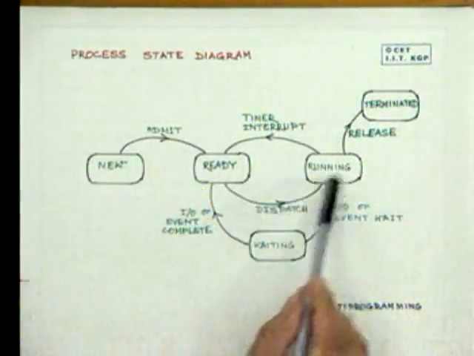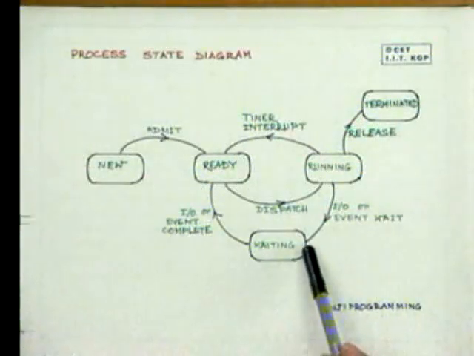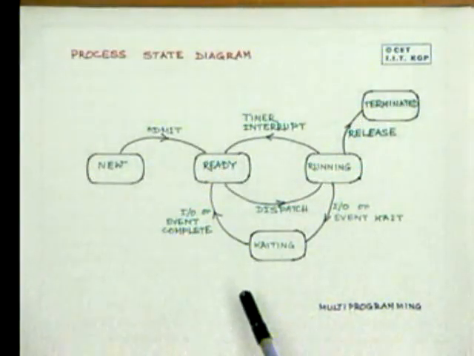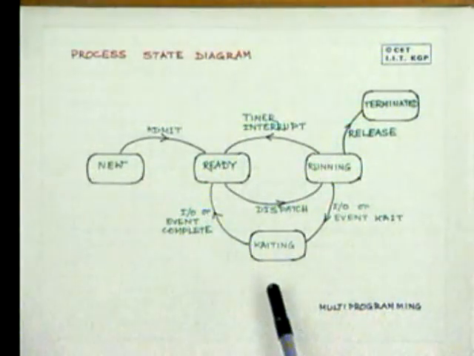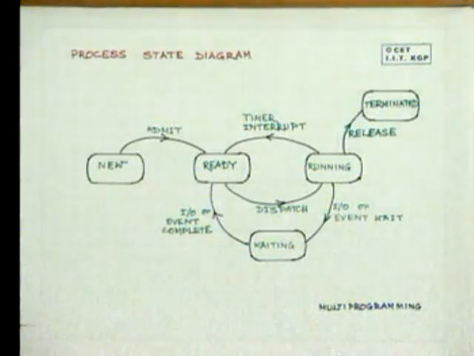Now, you see, at the same time, if a system has many processes, then the different processes will be in different states. Some of them will be waiting for I/O to be completed, and some of them possibly waiting for the same device which has been occupied by some other process.